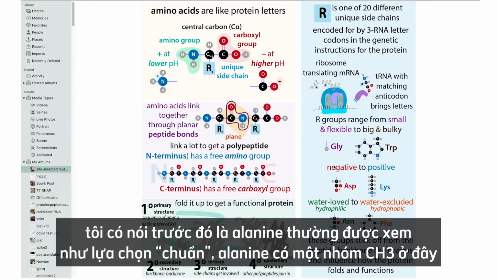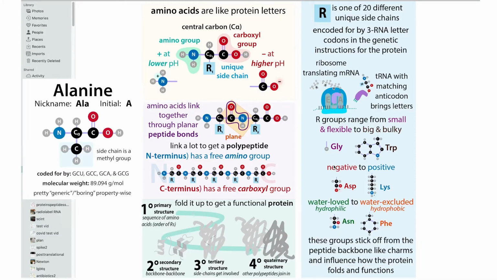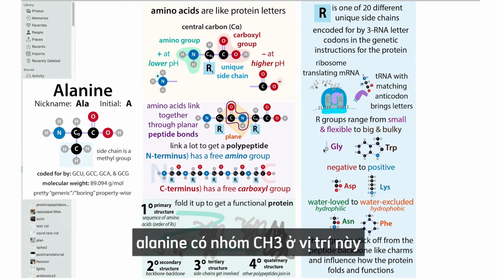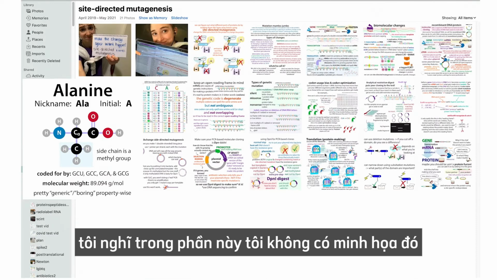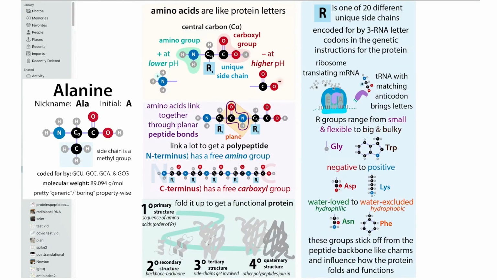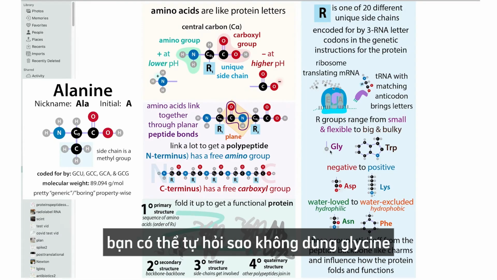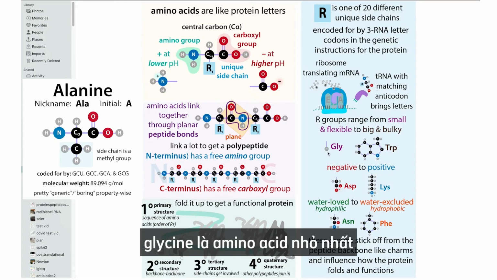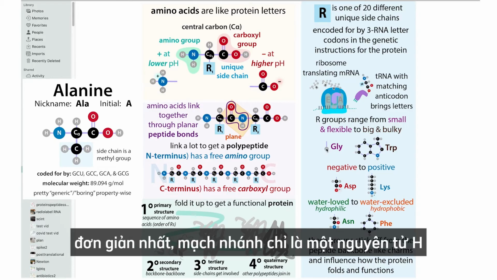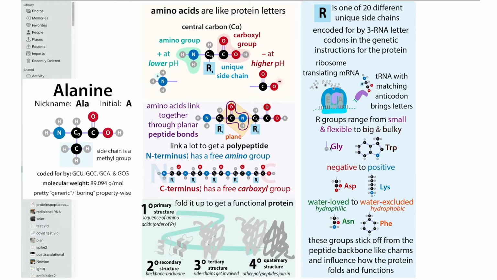I talked before about how alanine was kind of the generic one. Alanine has just a CH3 group here. You might be wondering why you don't use glycine. Glycine is the smallest, simplest amino acid. Its side chain is just an H group.